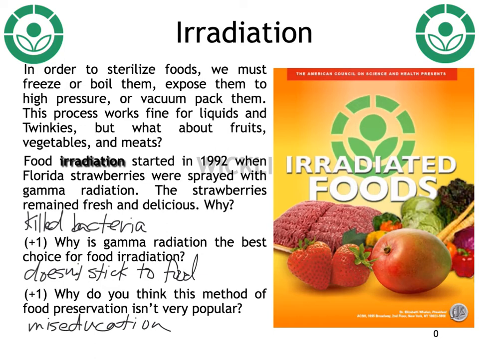And this isn't actually a very popular method of food preservation in the United States because of miseducation. People associate the word radiation with death and cancer in an irrevocable way, and they're not able to see that bullet number 2 still applies.